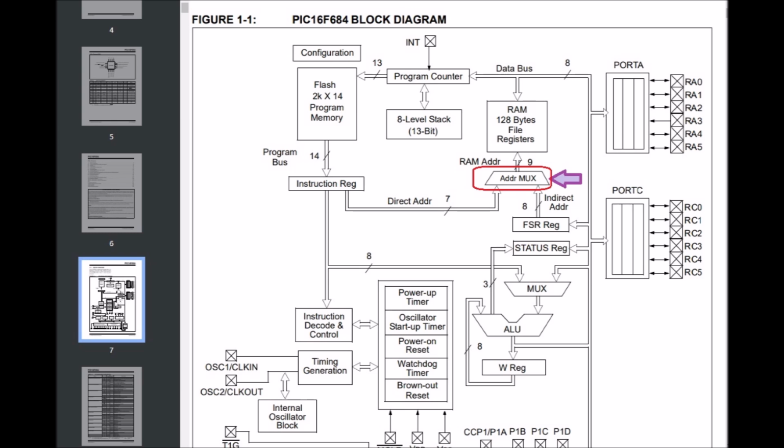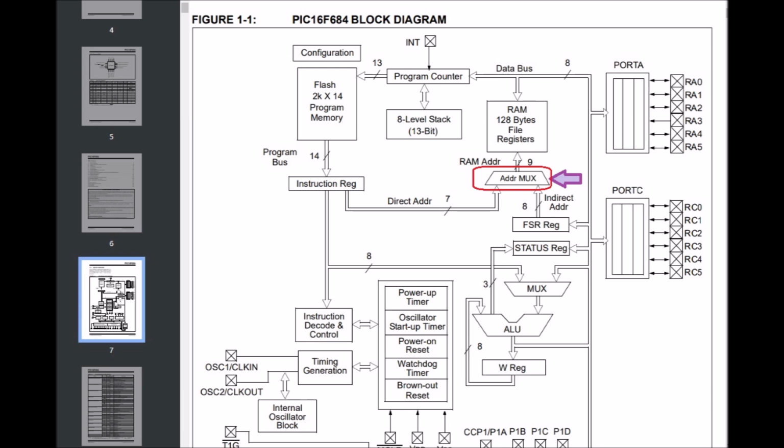Address selection. The address multiplexer selects between different sources of addresses that need to be sent to the program memory or other memory components. These sources typically include the program counter, which provides the address of the next instruction to be fetched, and potentially other address sources for specific operations like interrupts or jumps.